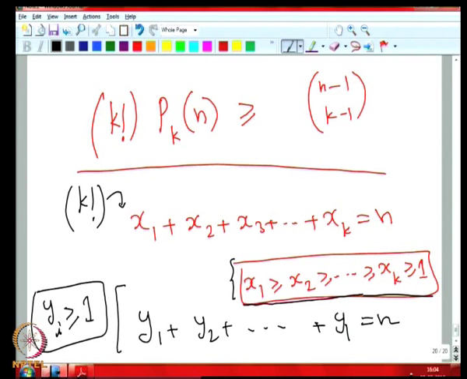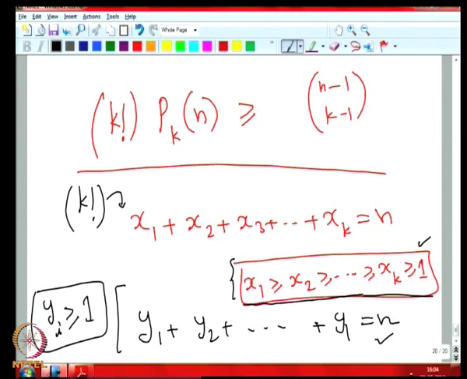Each of them may give a solution for the second problem, because there the order is not important. But note that when you permute, if there were repetitions, say x1, x2, x3, etc. were all equal, then there won't be k factorial permutations; it will be k factorial divided by something.